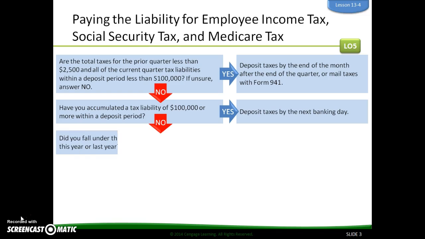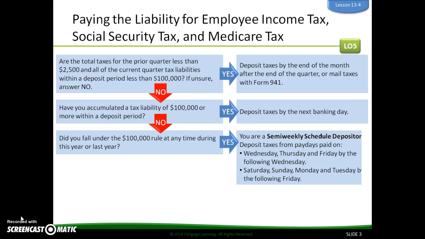If the answer is no, then it asks whether you fall under the $100,000 rule at any time during this year or the last year. If the answer is yes, you are semi-weekly, which means if your payday is Wednesday, Thursday, or Friday, then the payroll taxes need to be deposited by the following Wednesday.